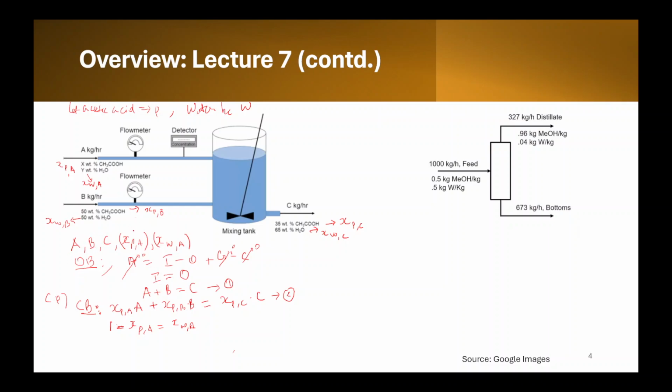So we would need some basis, and it's not the case that all of the values will be unknown. Some values will be given to you.